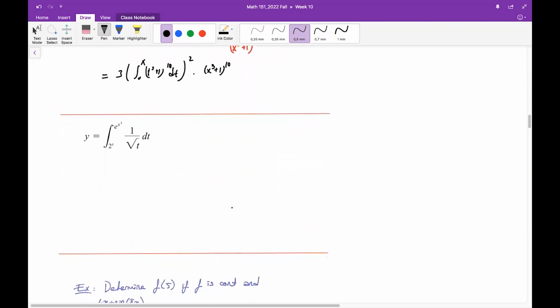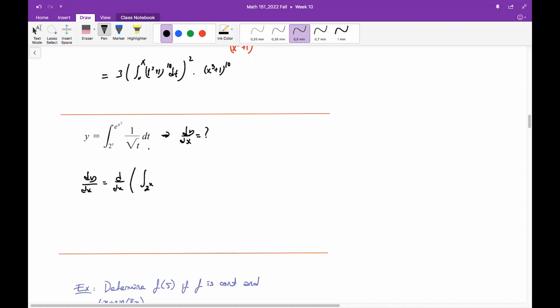Okay, let's move on. Now, still we want to find the derivative of the given y function by applying the fundamental theorem of calculus part 1. And here we should be careful because, okay, let me write what we want to do.